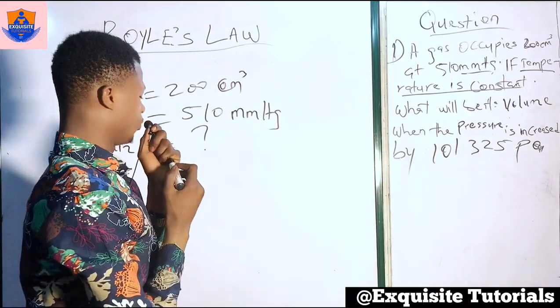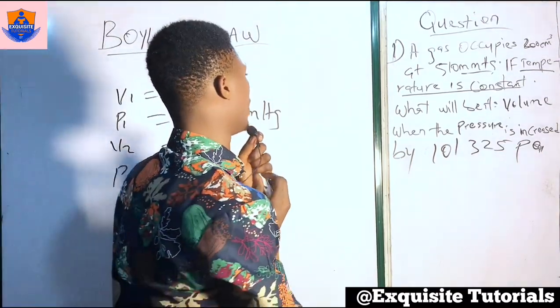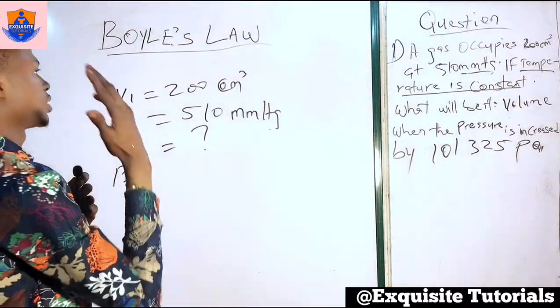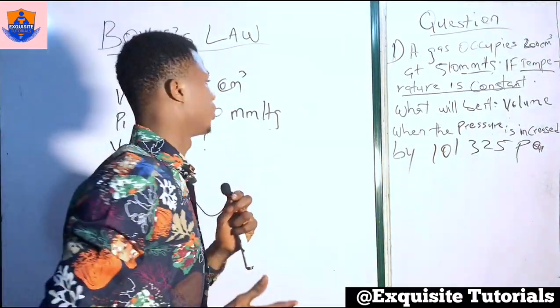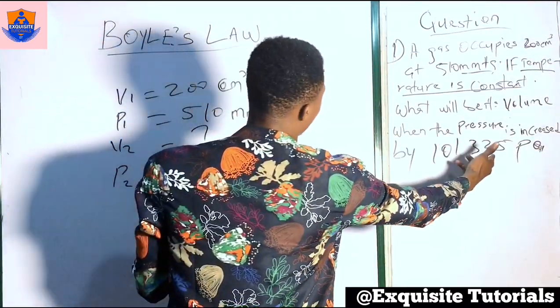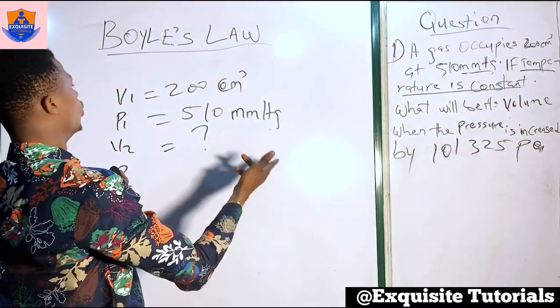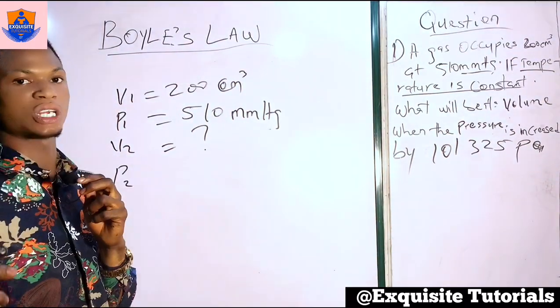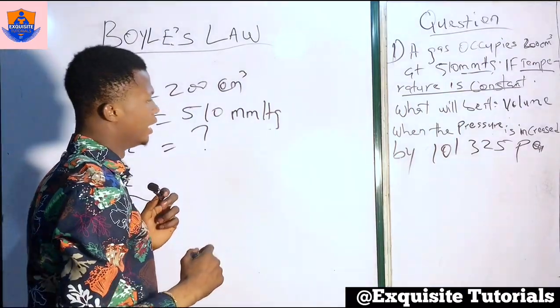Now, what do we do? The first thing we do is to convert this Pascal to millimeter mercury. Remember, I was explaining in our first video how to convert from Pascal to millimeter mercury and the rest of it. If you have not watched that video, just make sure you go back and watch it now.